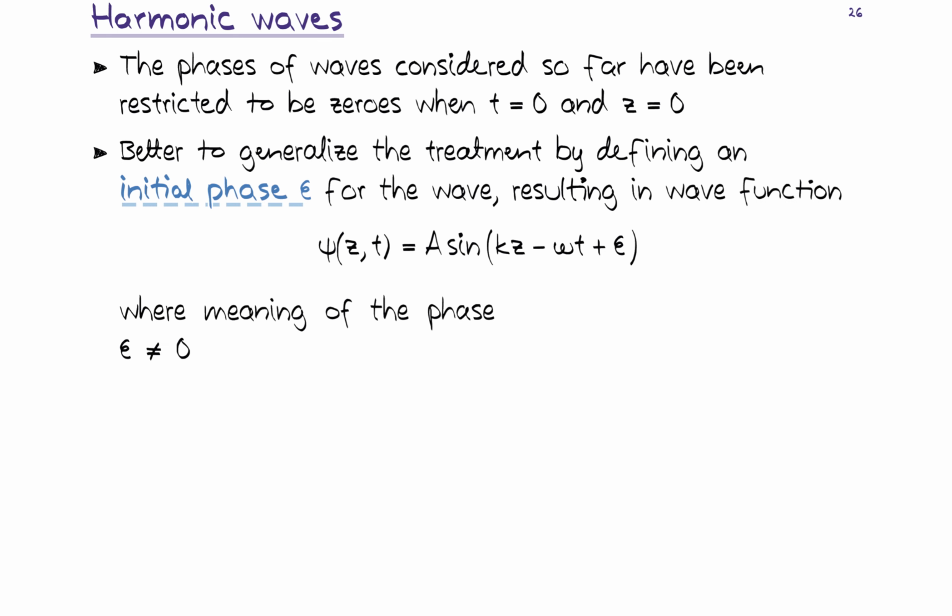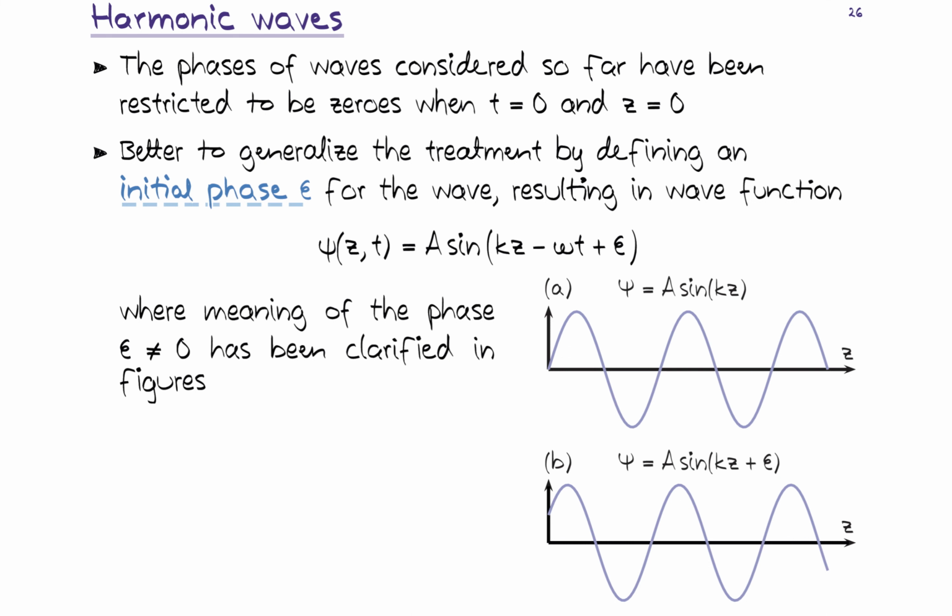And here, if the phase epsilon is not 0, then of course the initial phase is slightly different. And this has been clarified in the figures from the booklet and hopefully this introduces to you clearly what we can now do. In the original case, we're restricting our wave to have a specific phase at the origin at a given instant of time t equals 0.